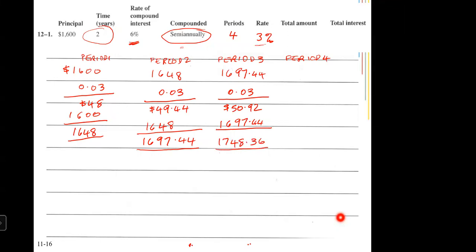Okay. All right. And then for the last period, we're going to use that now as our principal. 1,748.36 times 0.03, multiply that.